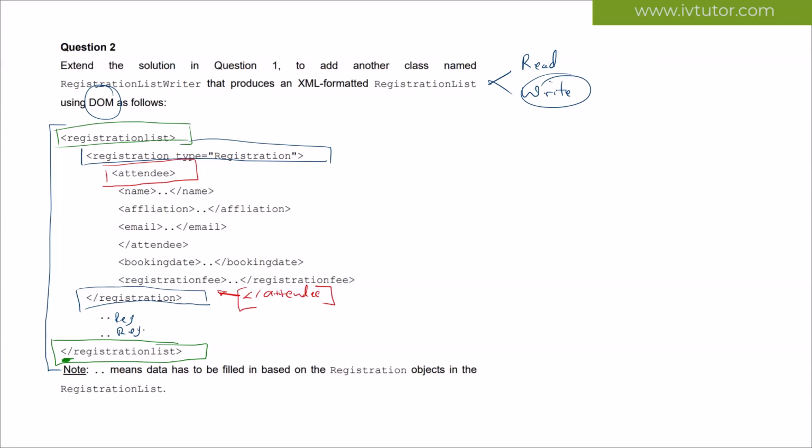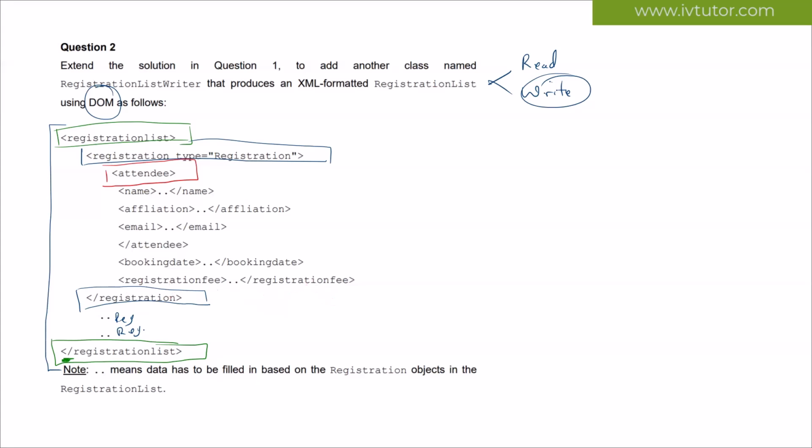So I was saying that within a registration list, you've got registrations. So here's a registration. You open it here, you close it here. Within it, and you can have many registrations, only that they give you one here because they all look like this. Within a registration, you've got an attendee, which we open here and we close here. Unfortunately, there's a missing tag here. Oh, sorry, actually it's there. I didn't see it. All right, sorry, my mistake.